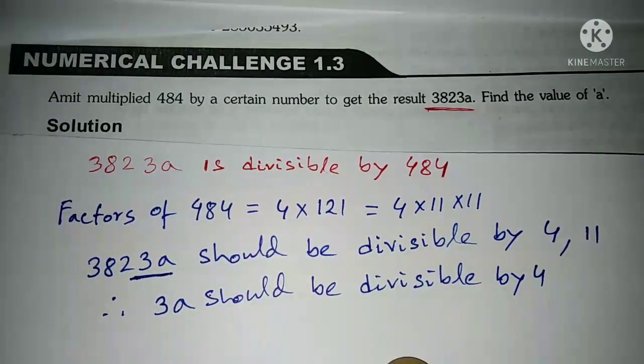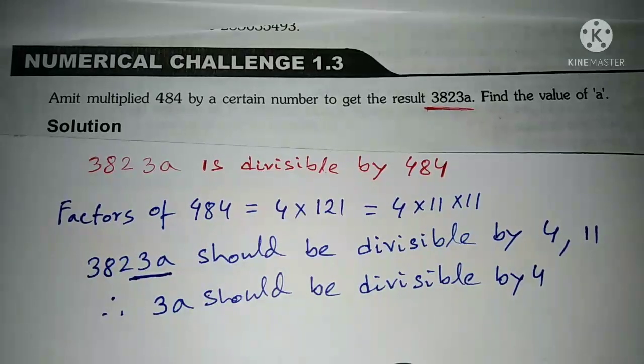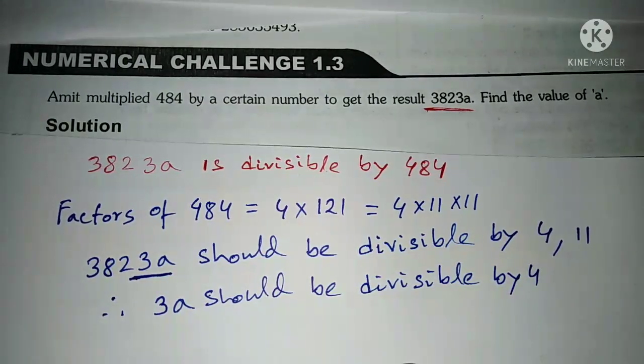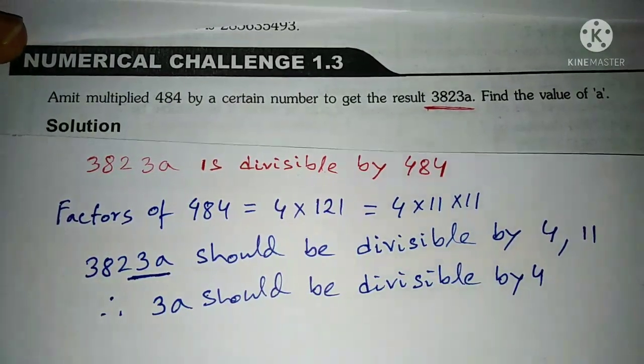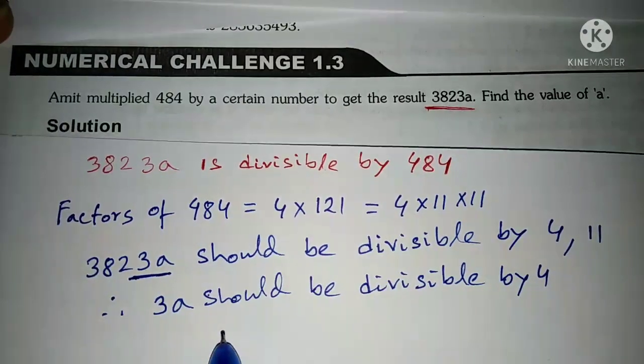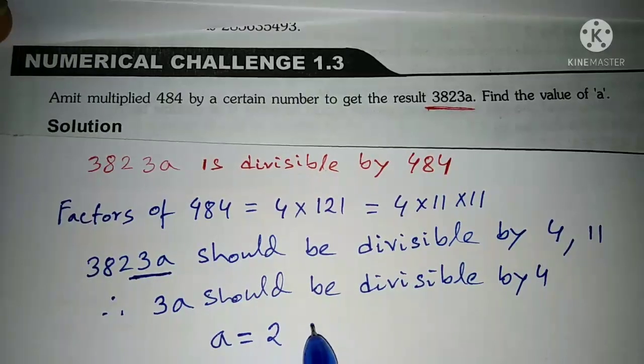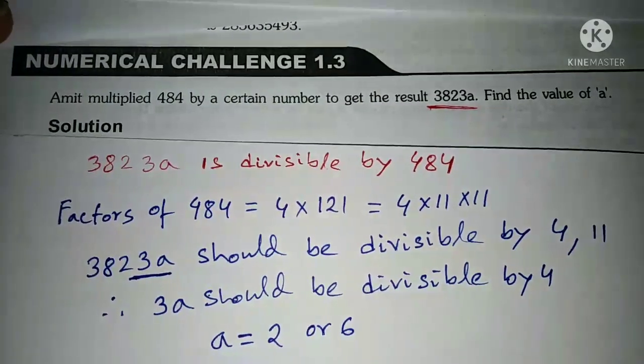So in place of A, if we put 2, it will be divisible, or if we put 6, 36 is also divisible by 4. So A could be 2 or 6.